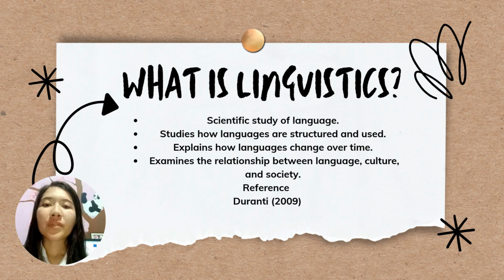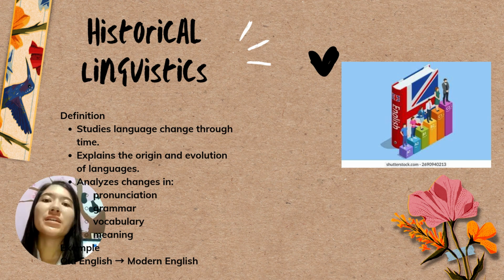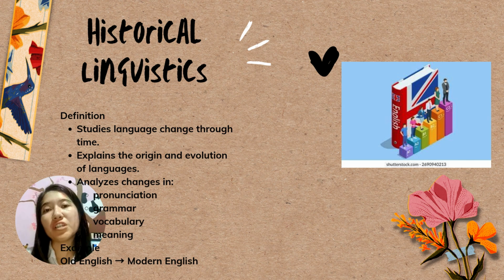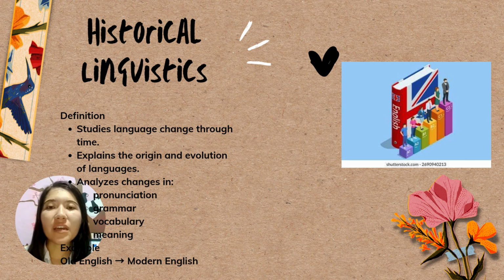So, historical linguistics is the study of how language changes over time. According to the Lennon 20 theory, it analyzes the evolution of pronunciation, grammar, vocabulary, and meaning.